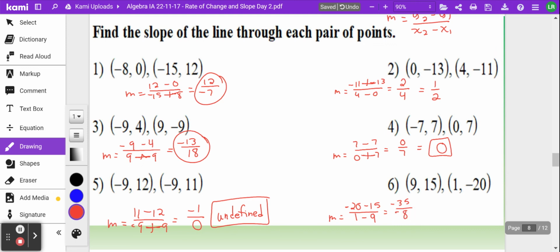You cannot leave it like that. Okay, you cannot have 2 negative signs in a fraction like that. Negative divided by negative is a positive. So you have to write it as 35 over 8.